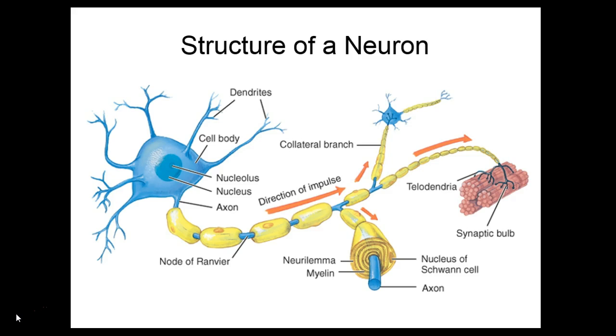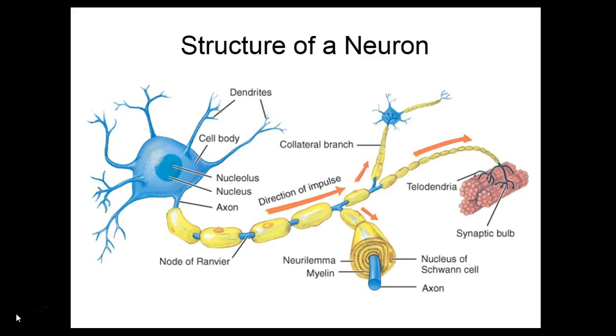Here we have the structure of the neuron, which is a component of the nervous system. The finger-like extensions that you see on the left-hand side of the neuron are dendrites. Those receive stimulation, pick up sensory information, which is transmitted then through the cell body and then through the axon.